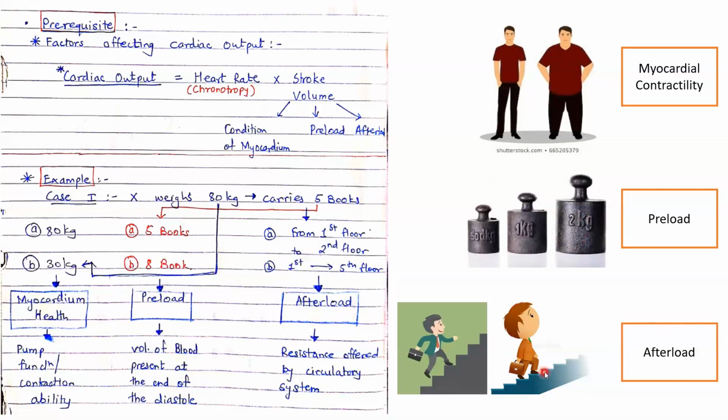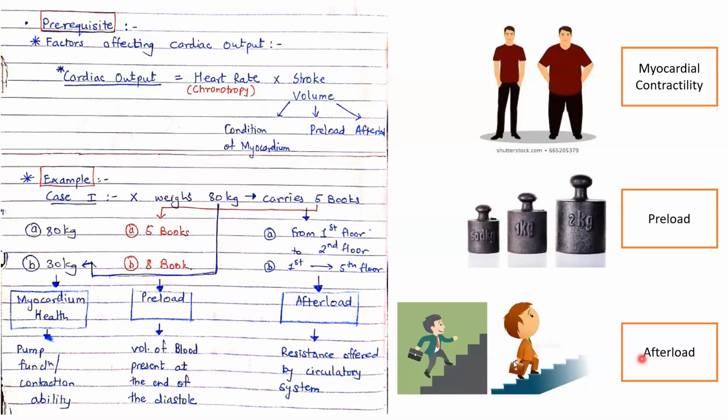Of course, yes. So the first example indicates myocardial contractility, that is the inherent capability of your heart to contract, how healthy your myocardium is. Second, this is preload, meaning how much volume is loaded in your ventricles. Based upon that also your ejection fraction will vary.